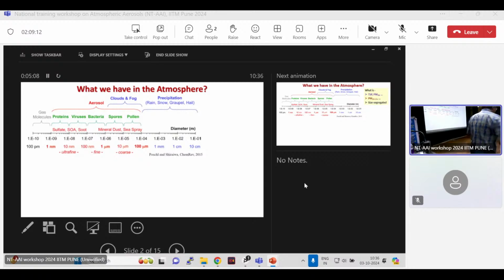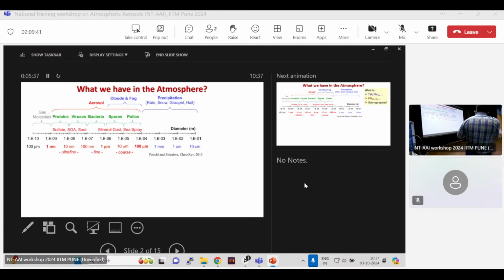And here you also see certain things are written at certain sizes. On this side, which is coarse. We can also define this as ultrafine, fine, and coarse. Ultrafine means 1 nanometer to 100 nanometer. From 100 nanometer to 1 micrometer it is fine, and more than 1 or 2 micrometer we call it coarse.